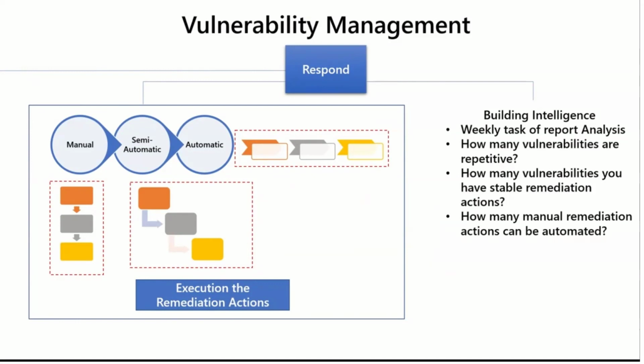So, building intelligence, weekly task of report analysis. How many vulnerabilities are repetitive, occurring again and again? For how many vulnerabilities do you have a stable remediation action? How many manual remediation actions can be automated?